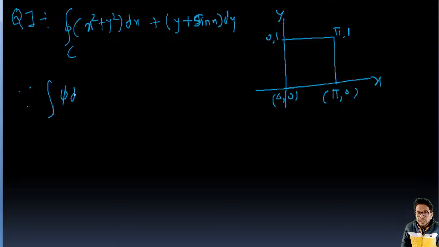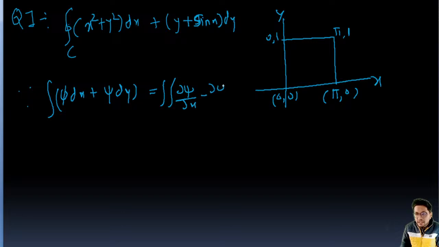Integration of phi dx plus psi dy is going to be equal to the double integration of del psi over del x minus del phi over del y dx dy. Here psi is y plus sin x, and phi is x square plus... okay, I have made a mistake here.